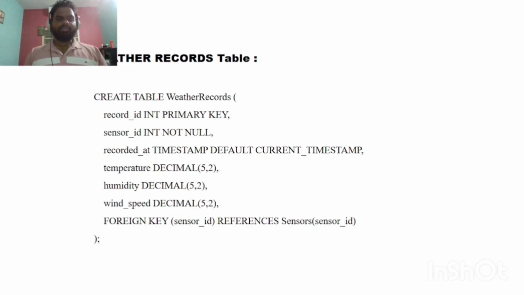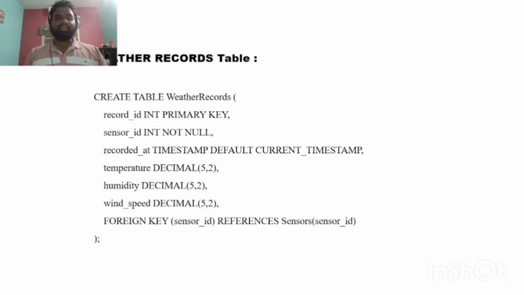And temperature, humidity and wind speed are all in decimal form. Foreign key, sensor id is taken from the sensor table, and reference is sensor id.